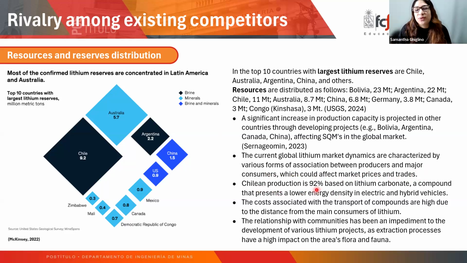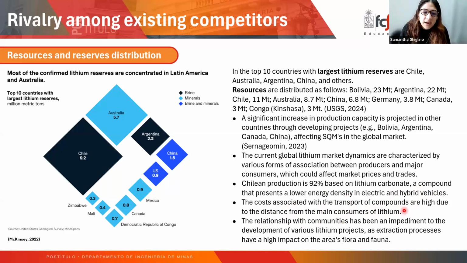Chilean production is 92% based on lithium carbonate, so it is mainly related to the electric vehicle industry. Any change in that could also affect how the industry behaves in the future. Costs associated with transport are high due to the distance to the main customers of lithium, but it is not at a great disadvantage compared with other countries in the region.